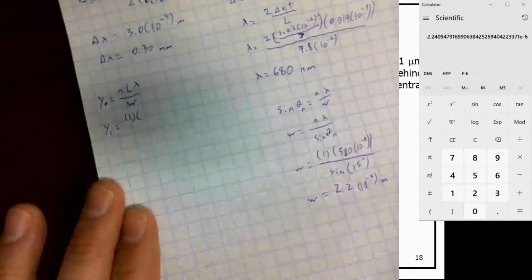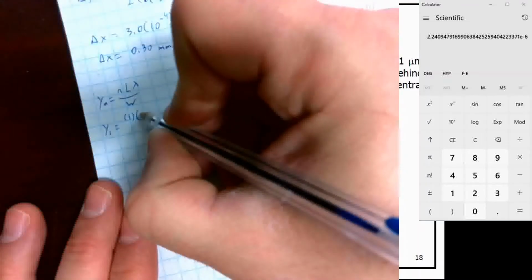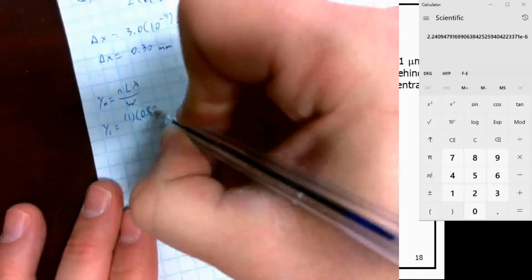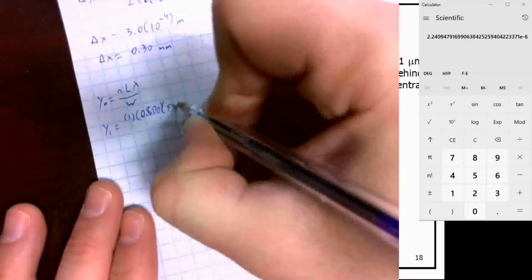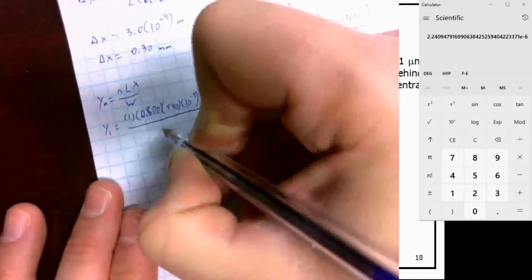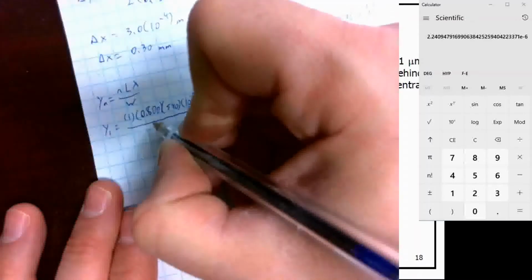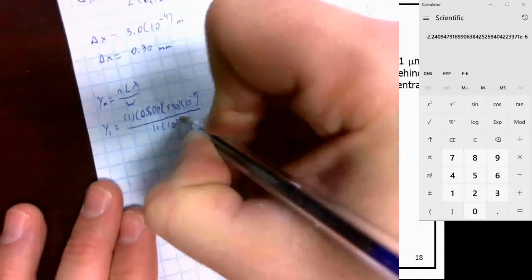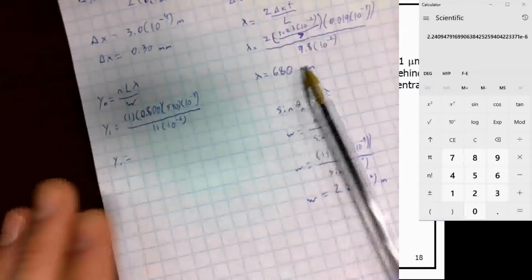The L was, did it say 90 or 80 centimeters? It's 80 centimeters with 3 significant digits, so 0.800. Lambda is 540 nanometers, and this is all over my W, my width, which is 11 micrometers. So my y1 equals.